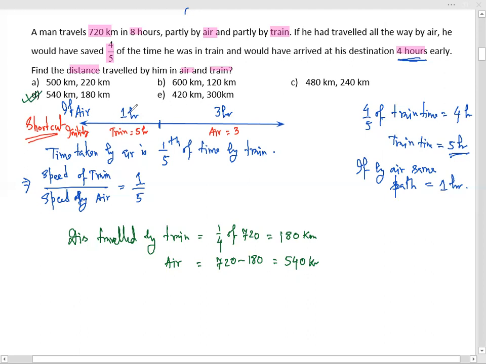And here these values, 1 and 3, are basically the path of train travel and path of air travel. That's why these two paths are divided, and finally it is in the ratio of 1:3. So basically train path and air path come as a ratio of 1:3. That concept by a single conveyance we can find out.